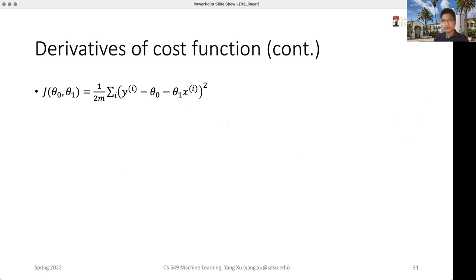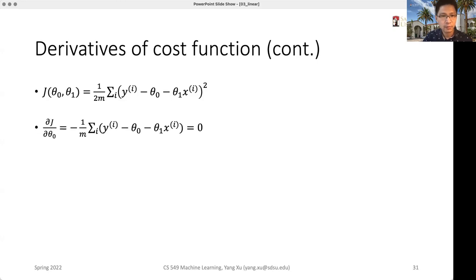So let's work out these derivatives. I think it's a fun practice, and it's a refreshment of our calculus knowledge of basic quadratic functions.